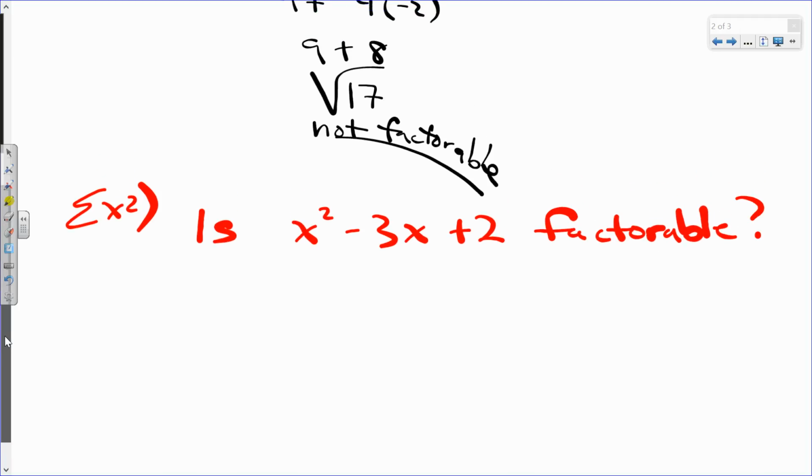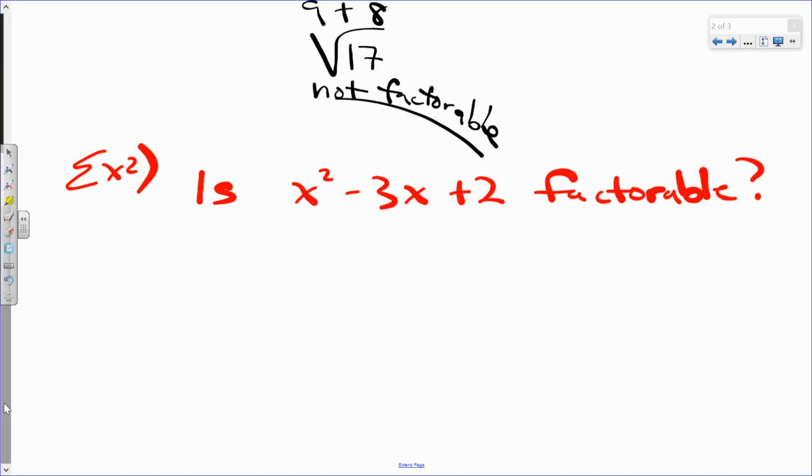Example 2. Is x squared minus 3x plus 2 factorable in this case? Okay, let's find out. Let's see.